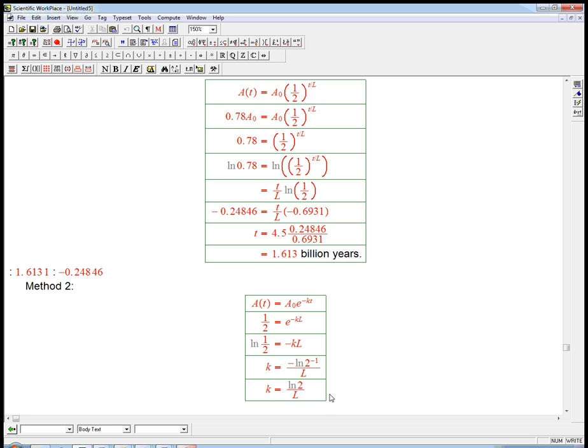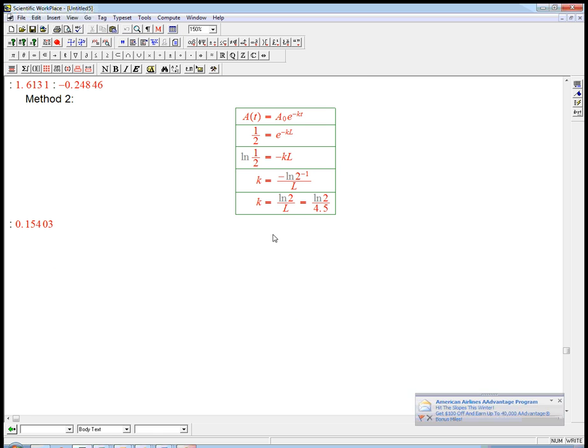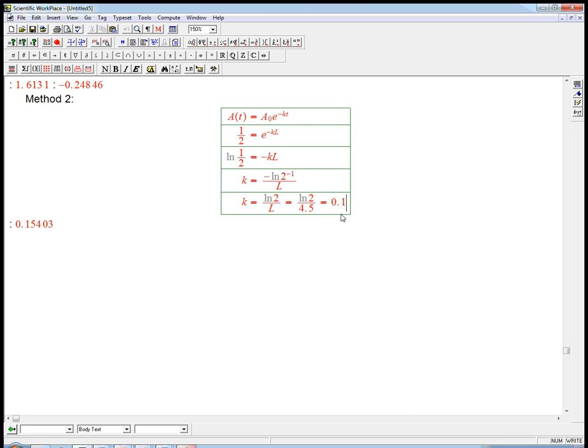Okay, so in other words, we can actually get the K here, ln 2 divided by L, and I'm going to do everything in billions of years because I don't want to put the billions everywhere, so let's just remember the units are billions of years. And so we'll just evaluate that numerically. And we get 0.154. That's good enough accuracy, I think.